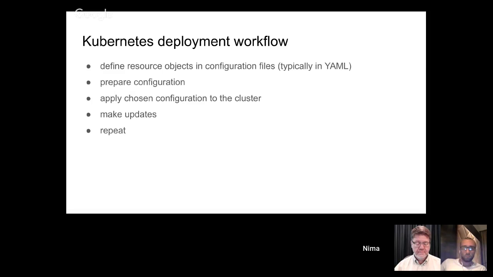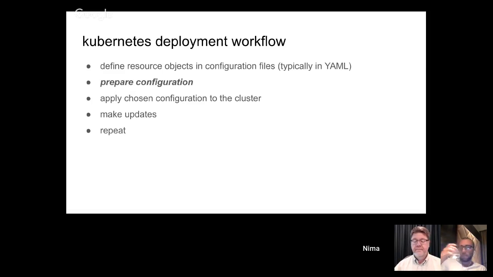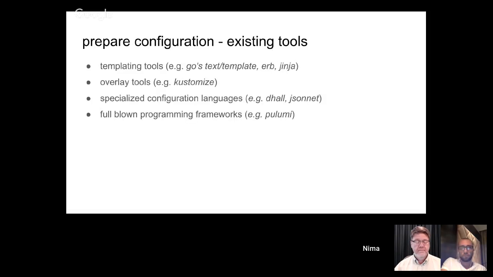The one part that is interesting in this flow from YTT's perspective is the preparation of these configuration files. If you've been around in the Kubernetes community, you know that the community has chosen a number of different approaches to do configuration modifications for Kubernetes objects. One approach is using templating tools like Go text templating or Jinja.